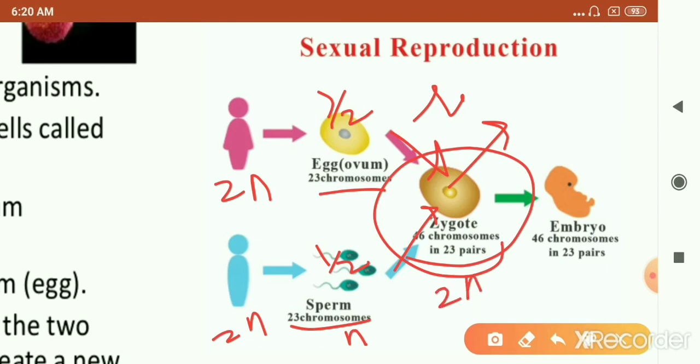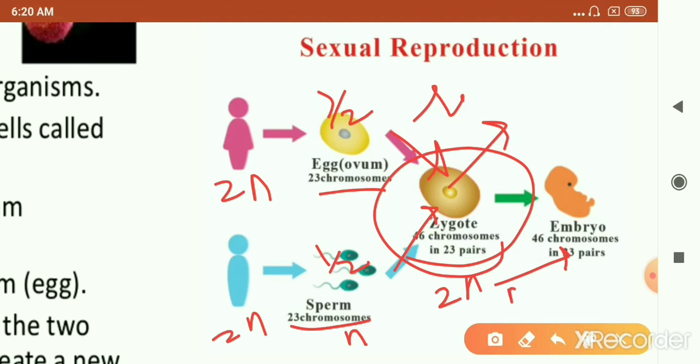And then this zygote which is formed will divide into a huge number of cells by a type of cell division where the chromosomal number is retained. That means all the cells will have the same number of chromosomes. That is what is called mitosis.